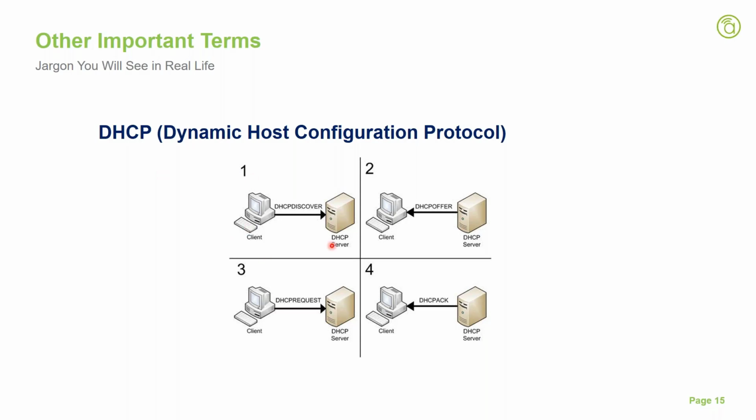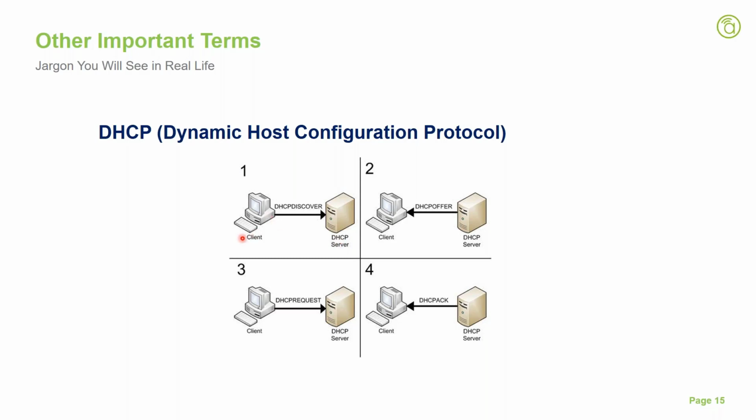So let's say there's a DHCP server that holds a pool of private IP addresses, and that server is responsible for assigning those IP addresses to different devices on the network and making sure that those addresses are unique to each of those devices. This way, the system admin is only responsible for maintaining this DHCP server, one device.